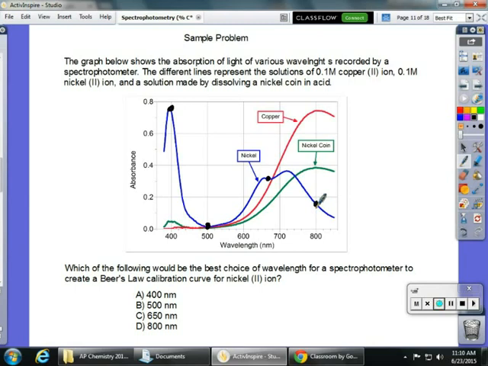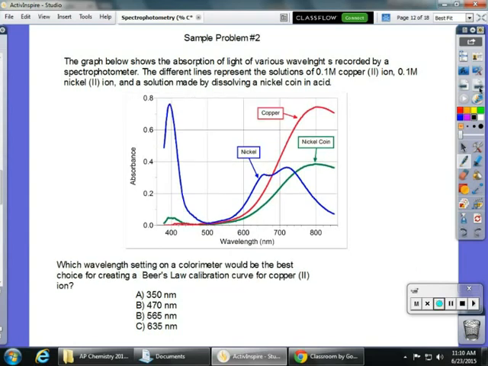So what would be our best choice? Well, we would want to pick the one that has the highest amount of absorption. So we're going to pick the one that's at 400 nanometers. Now, keep in mind, it's not the one that has the highest wavelength. It's the one that has the highest absorption.